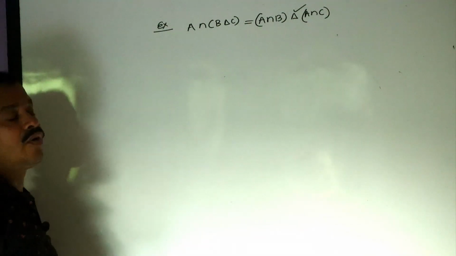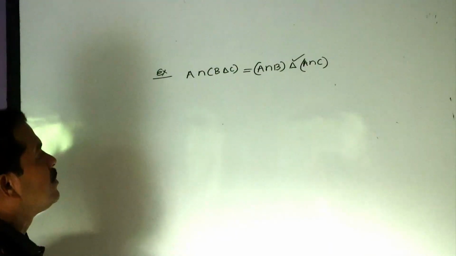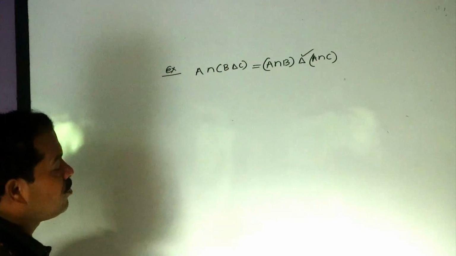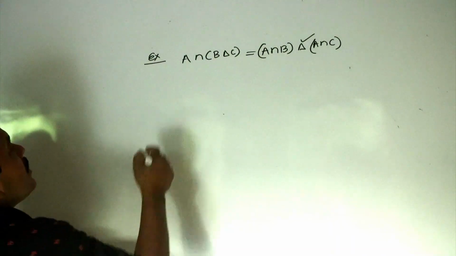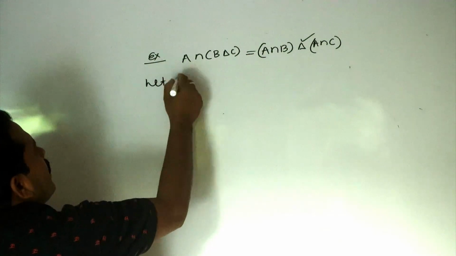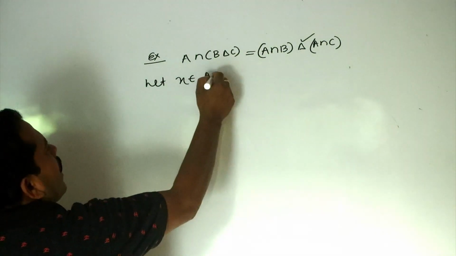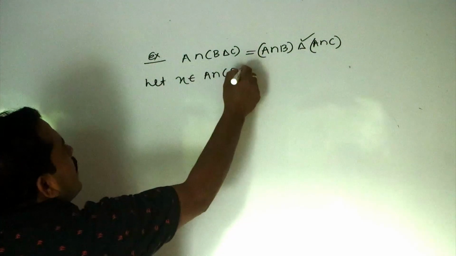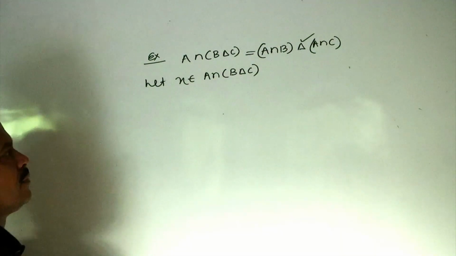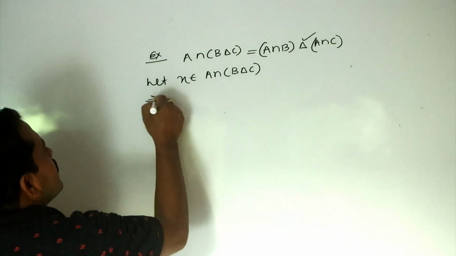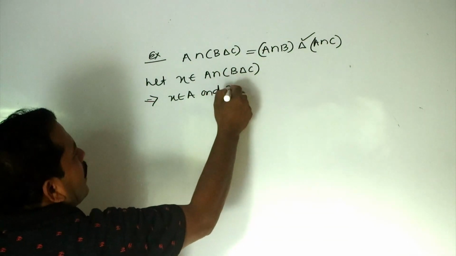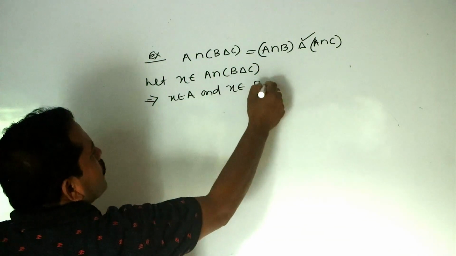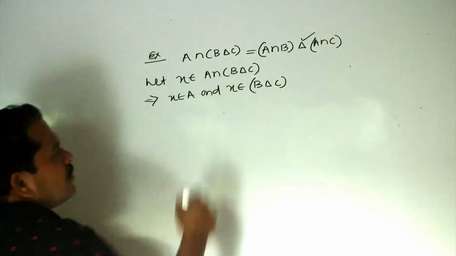In previous classes we have already discussed this. What do you mean by symmetric difference? We have already discussed. In a similar way, let x belong to A intersection (B delta C). This implies x belongs to A and x belongs to B delta C.